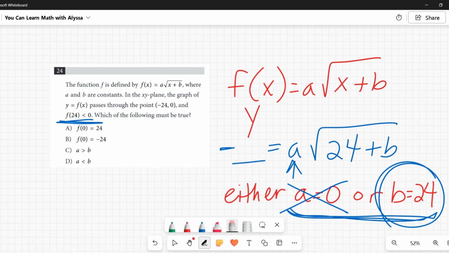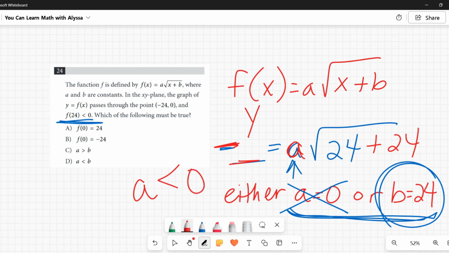Well, what happens when I plug in 24 for b? I'm getting a times the square root of 48. The square root of 48 is not an integer, but it is a positive number. And it's being multiplied by a, and then the result is a negative number. So what do I know from this? I know that a has to be negative. a must be a negative number.